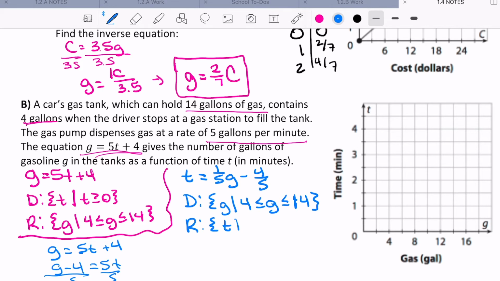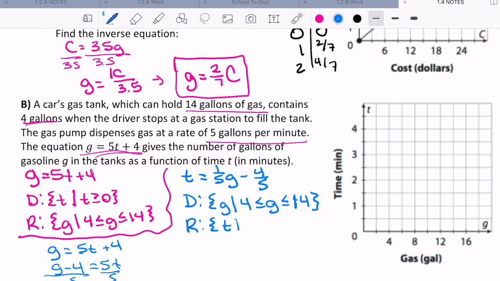That was true because it depends on the rate of the fill. In this case, you are told that it fills up at 5 gallons per minute. So we have to find a restriction here, because if the car can only take 14 gallons, we need to figure out how much time it will take to fill up the 14 gallons.